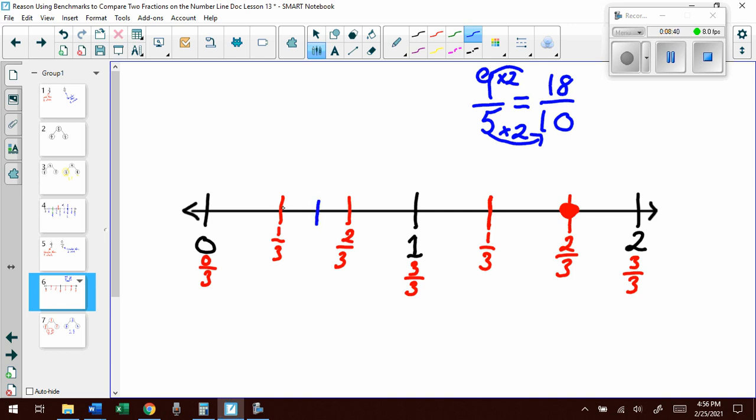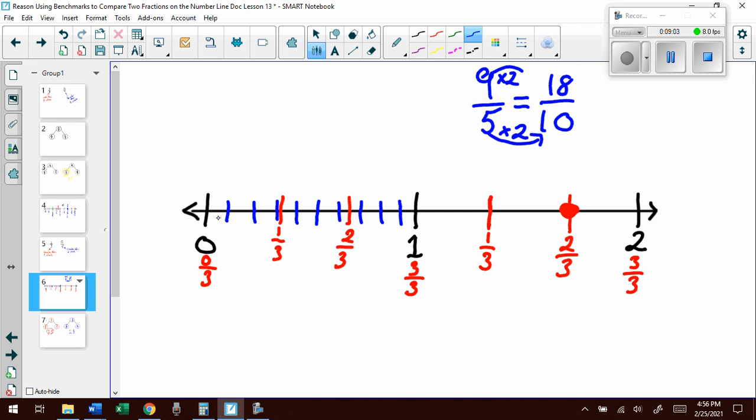Partition that into 2. And then I can go with 1, 2, 3, 4. Now I have fifths there. 1, 2, 3, 4.